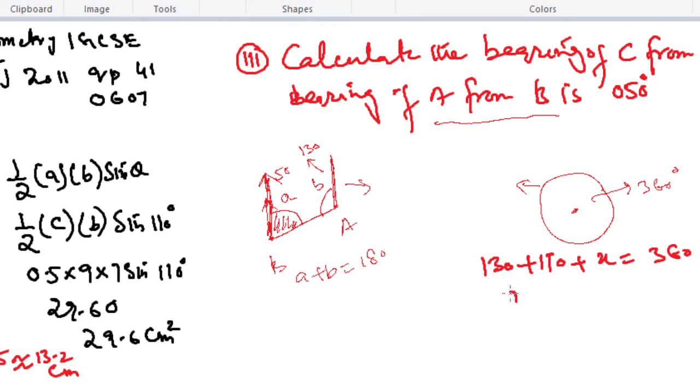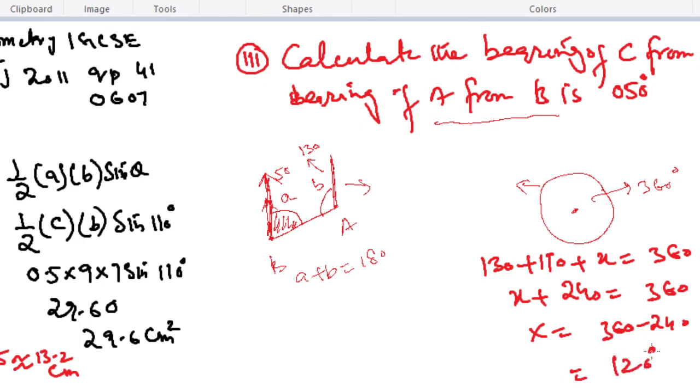So x plus 240 is equal to 360. So x is 360 minus 240, the answer is 120 degrees. So we got the bearing of C from A, which is 120 degrees.